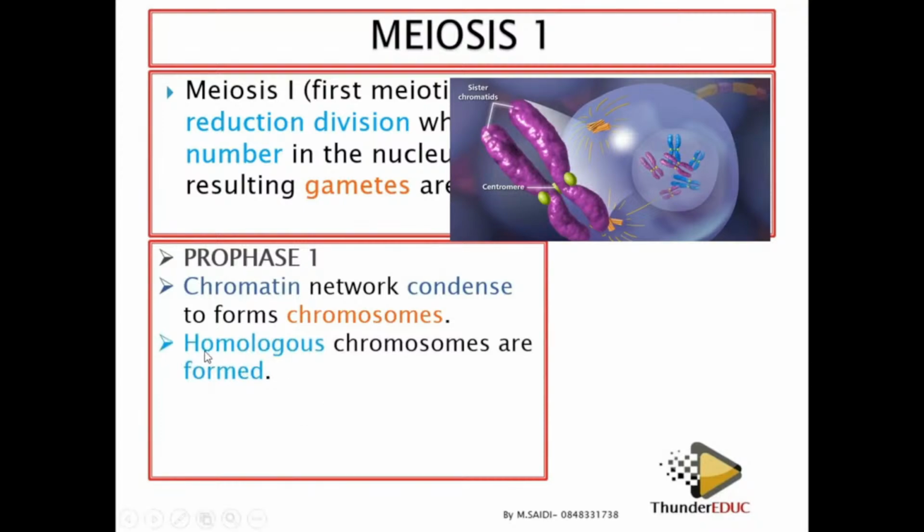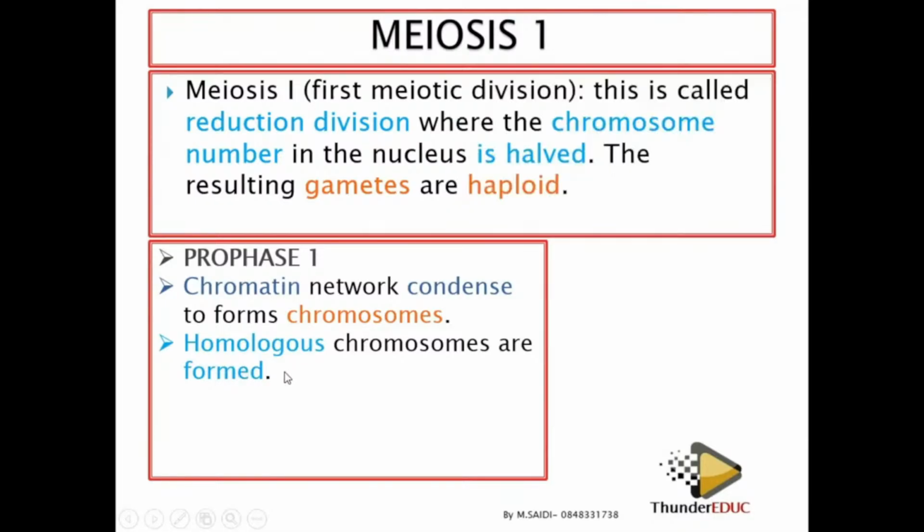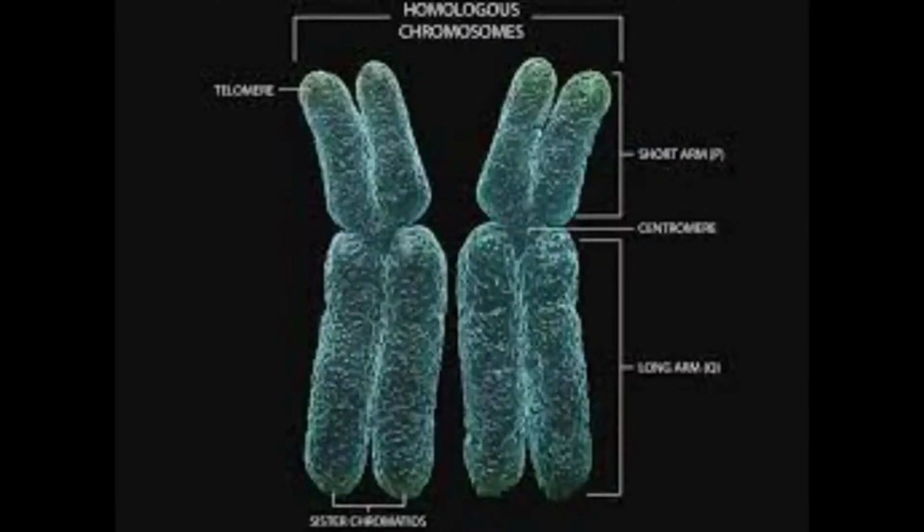Now the chromosomes which look alike, homo, which means the same, logos, which means structure, are going to come together. That's why we say that homologous chromosomes are formed. When these homologous chromosomes come together, they cross over.